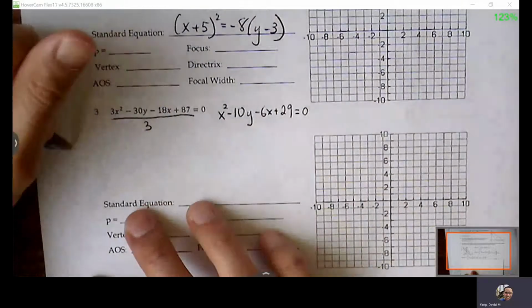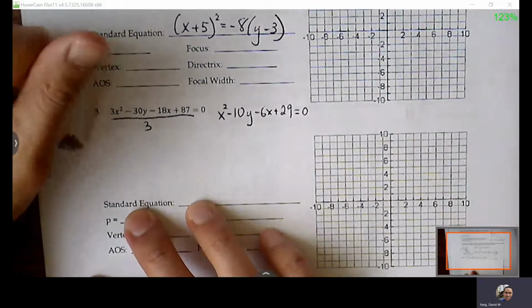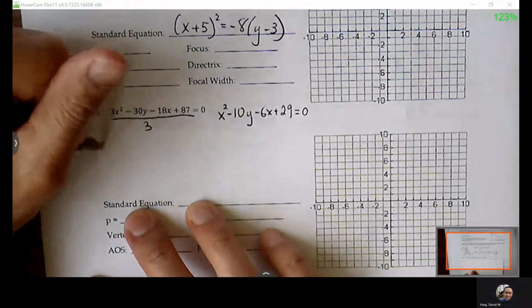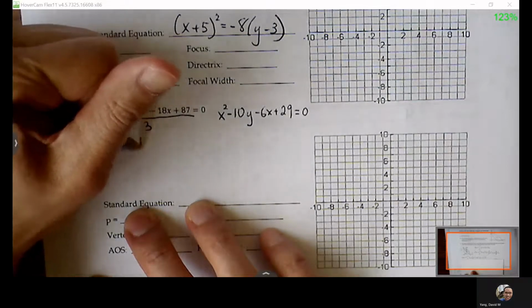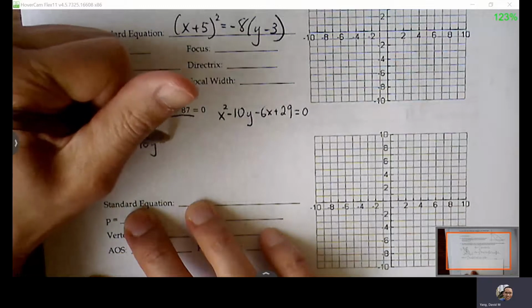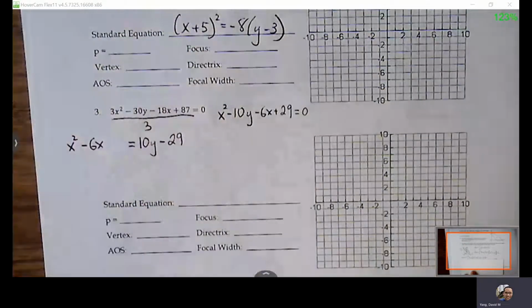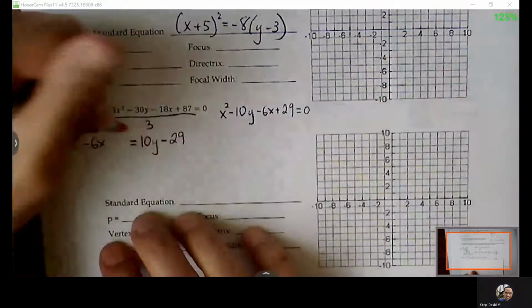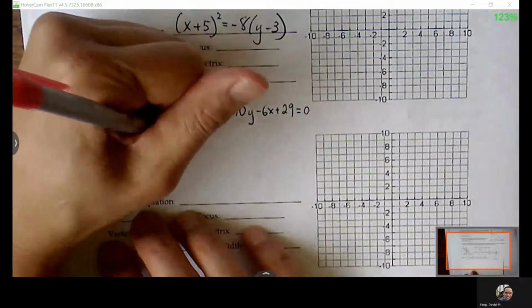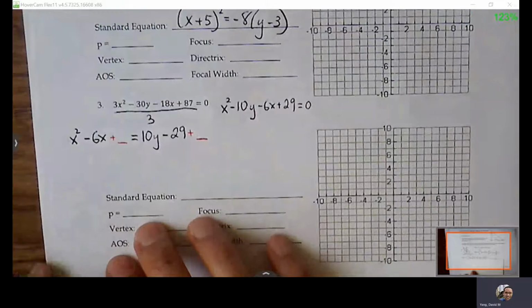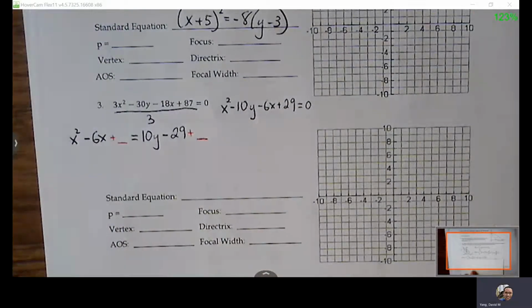Okay, the x is squared, so I want the x's to be together, and then everything else on the right side. All right, are we okay with rearranging it to this step?